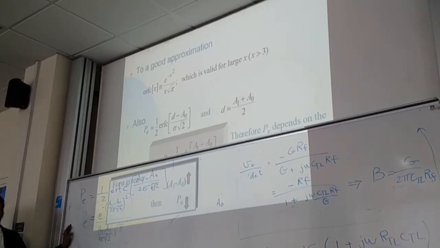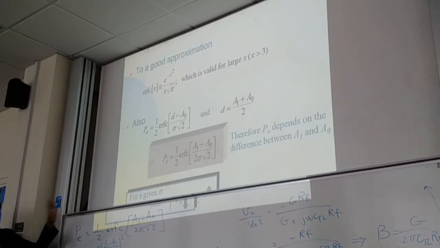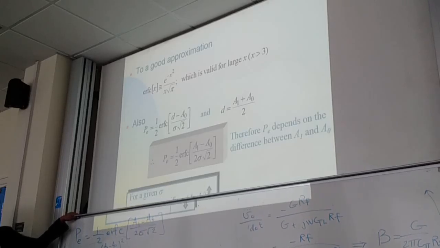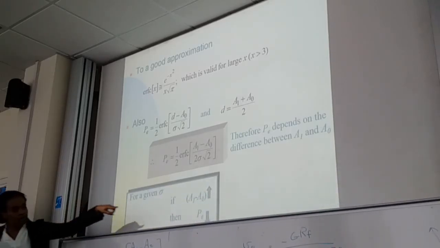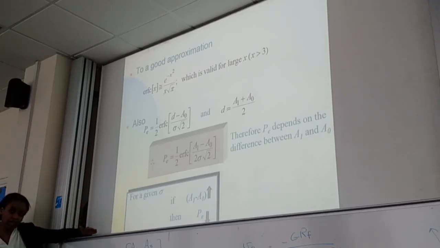This is what we have here, A1 minus A0. Obviously, given a certain variance, if we want to reduce the bit error rate, then we should increase the difference between A1 and A0.